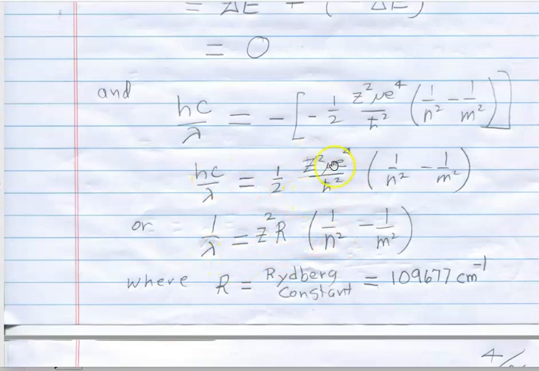You get some constants on this side, but ultimately people usually write it in this form. Z squared out front, and then R is sometimes just this lump parameter of everything not including Z. That's the constant, these fundamental constants out front. And that's called the Rydberg constant. And it's roughly this value here in terms of reciprocal centimeters. So this whole side has to be in reciprocal centimeters, and that will give me the wavelength in centimeters if I solve for it.